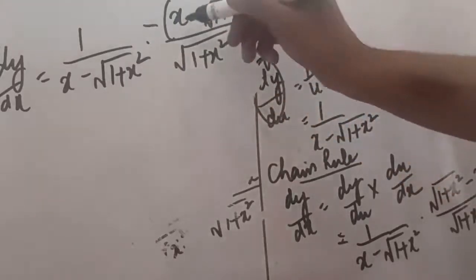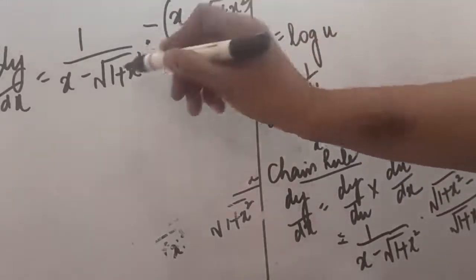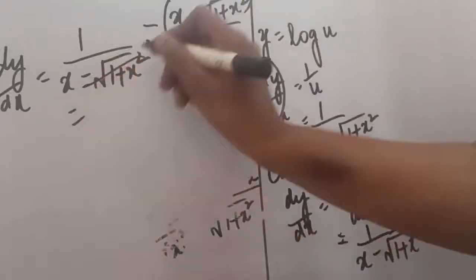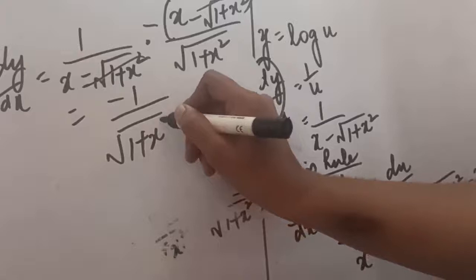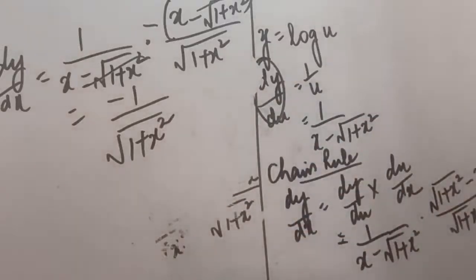Below is same. So now, because multiplication is there, we can delete it, but it will be minus 1 above. So our answer is minus 1 divided by under root 1 plus x square.